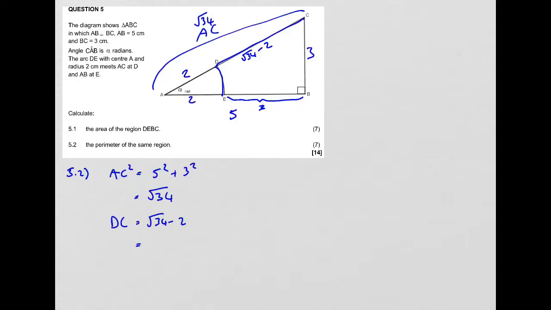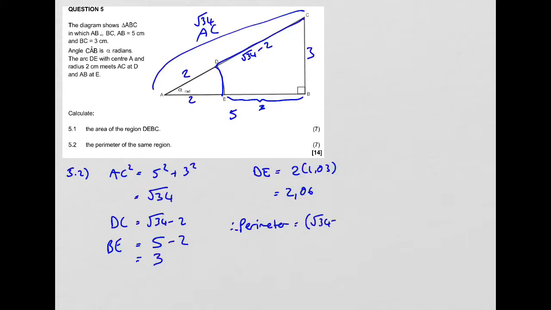And now that we've got DC, we've already discussed that BE must be 3 because it's 5 minus 2. And then DE, we'll use sector length, so it's the radius times theta, which is 2 times 1,03, which is 2,06. Right, so therefore the perimeter is equal to root 34 minus 2 plus 3 plus 3 plus 2,06.